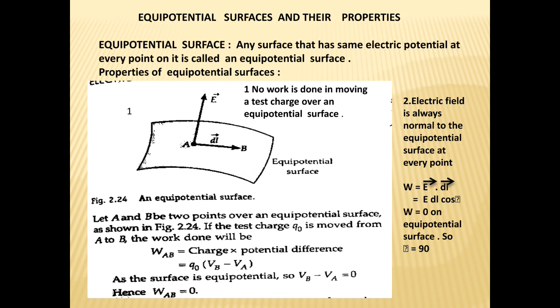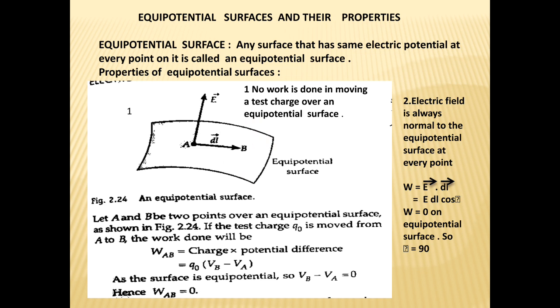If the test charge Q0 is moved from A to B, the work done will be WAB equal to Q0 into (VB minus VA). As the surface is equipotential, VB minus VA equal to 0, because at every point the potential will be the same. So VB equal to VA, that is why WAB equal to 0. So no work is done in moving a test charge over an equipotential surface.